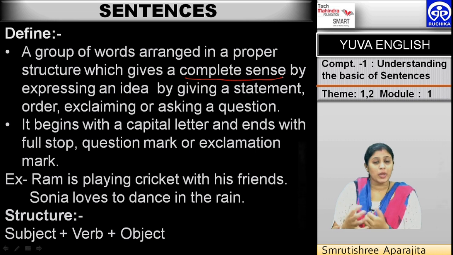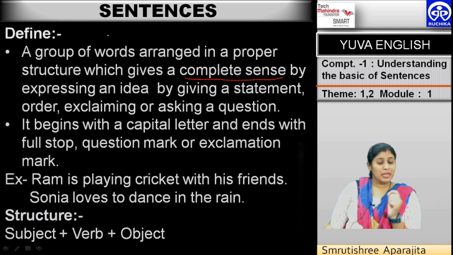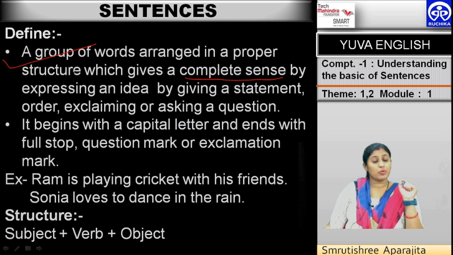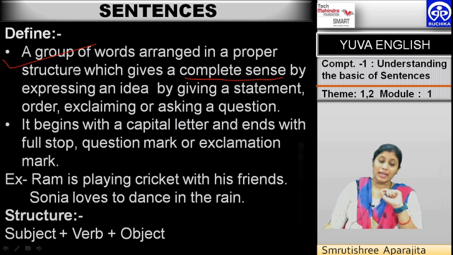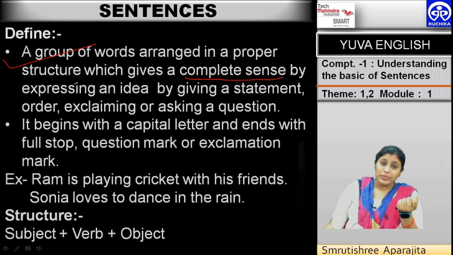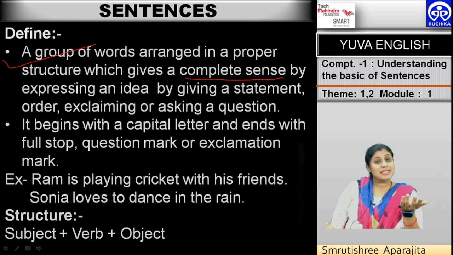These all fall into the category of sentences. Always remember, I would repeat once again, a group of words which is arranged in a proper structure which gives a complete sense by expressing an idea, by giving a statement, by exclaiming something or by asking a question.